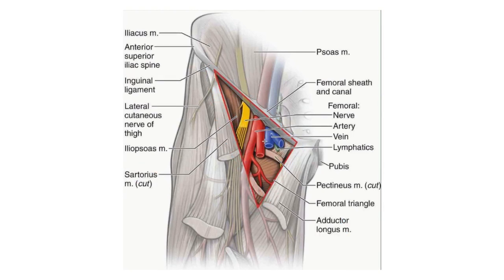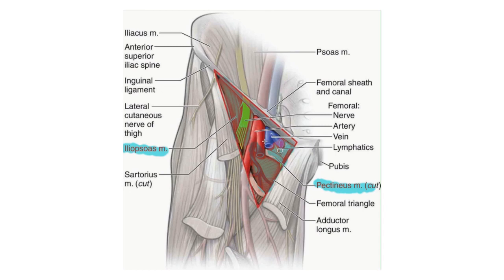Now, let's talk about the floor of this femoral triangle. The floor of this femoral triangle is formed by two muscles. The iliopsoas muscle, which is present laterally, this part, and then there is the pectineus muscle, which is present medially. So these two muscles, the iliopsoas muscle and the pectineus muscle, will form the floor of the femoral triangle.